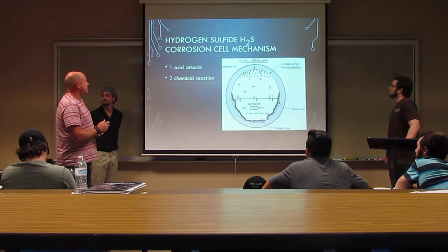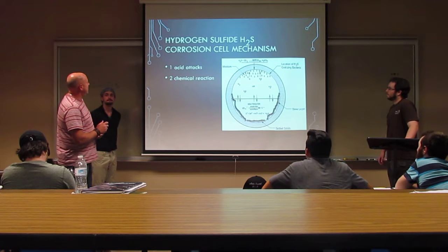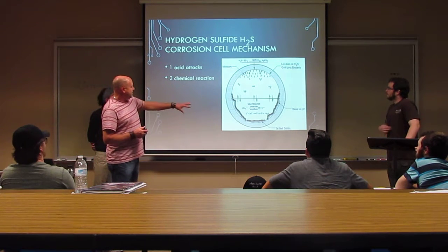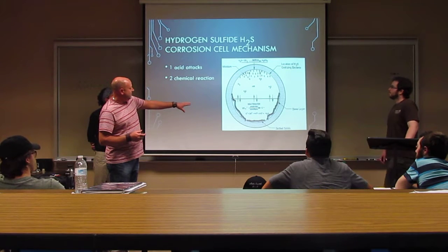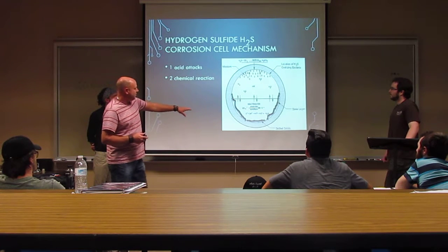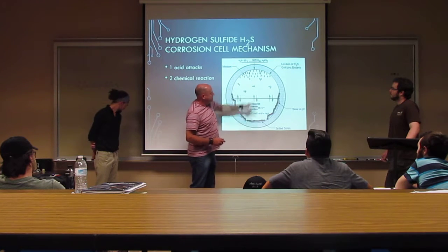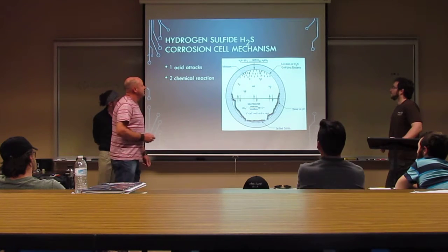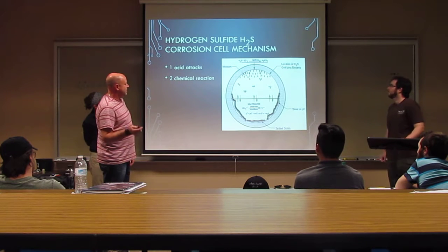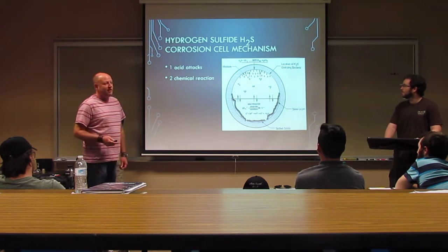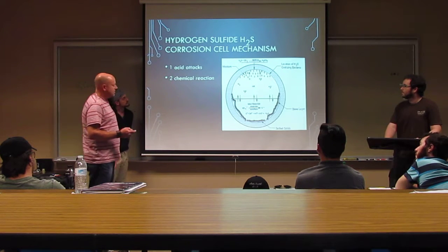Here it shows basically what happens: the corrosion cell, acid attacks, and chemicals. It shows how, as the H2S rises and is released out of the liquid and the material, it comes up and attacks the top of the cement pipe, creating a location for the oxidation by bacteria to grow and eat away at the cement.